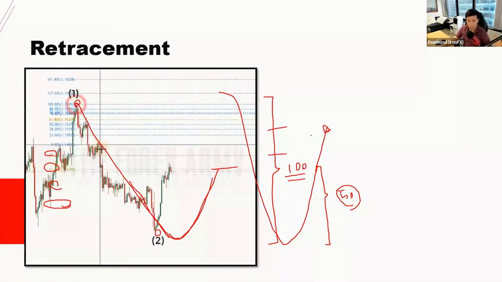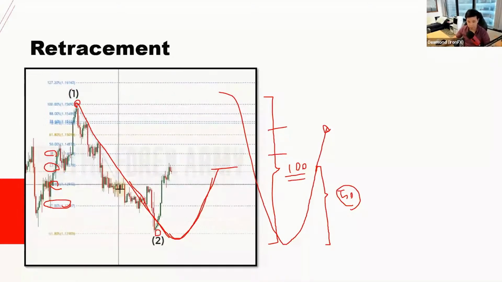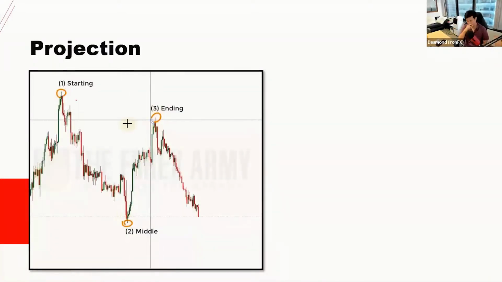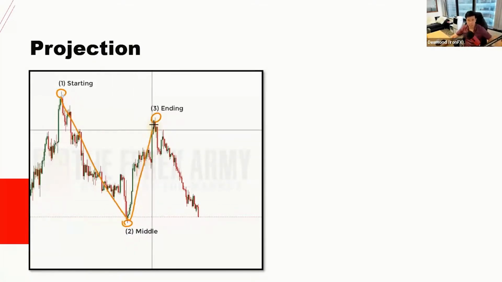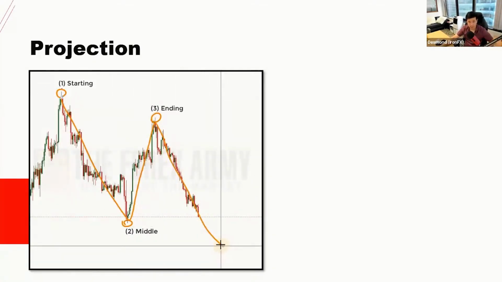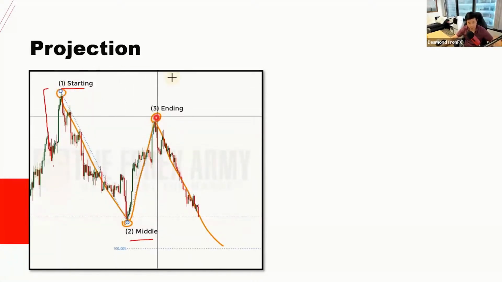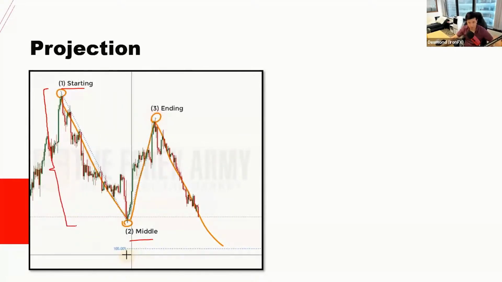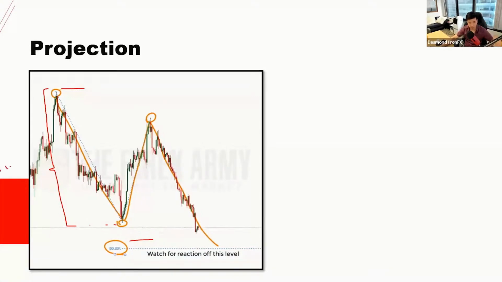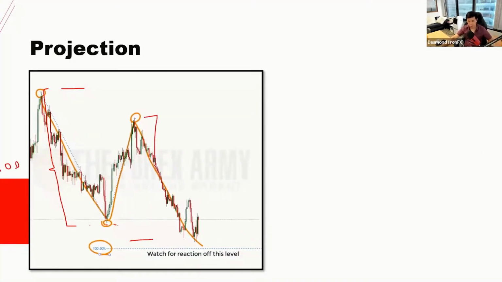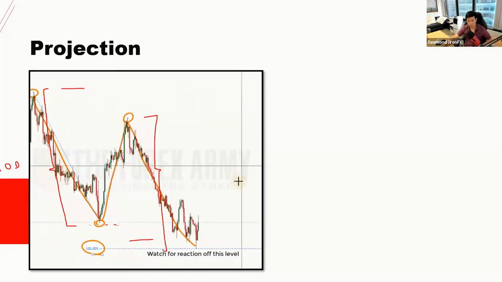Now the next thing we do is Fibonacci projection. It is a little bit more complicated, but it basically means you see the starting point here and the middle point. You are taking the distance from the starting point to the middle point, let's just say 100 pips, and you are projecting it onto here, which is another 100 pips.